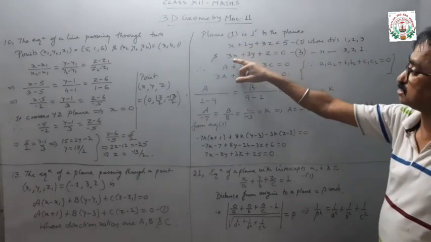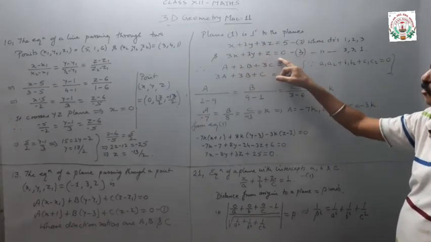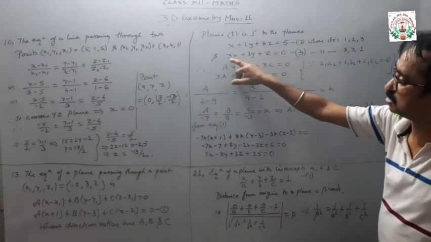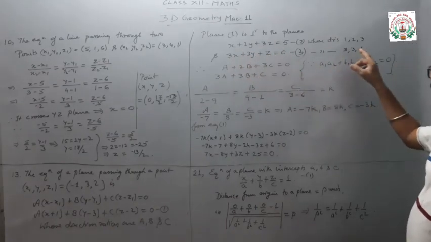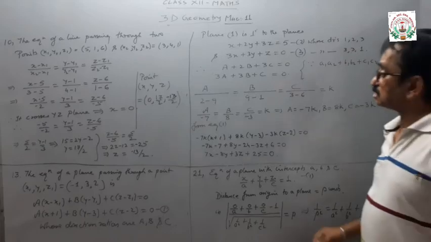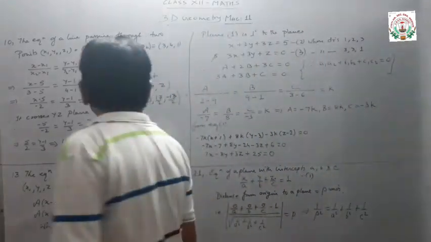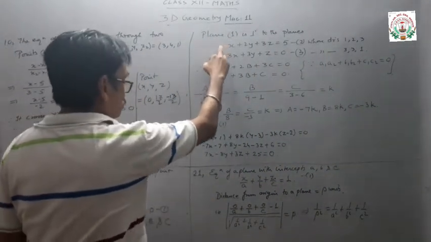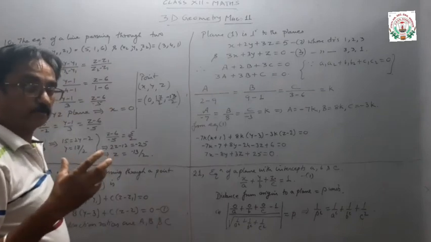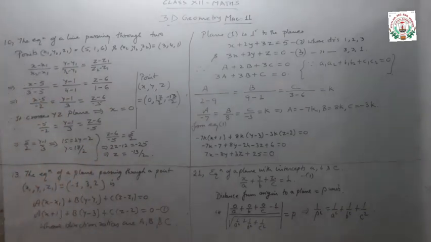And the second plane is 3x plus 3y plus z equal to 0, and its direction ratios are 3, 3 and 1. So now, since plane 1 is perpendicular to plane 2, as we know the condition for perpendicularity of the planes is a1 a2 plus b1 b2 plus c1 c2 equals to 0.